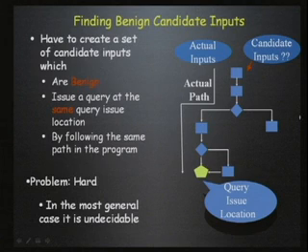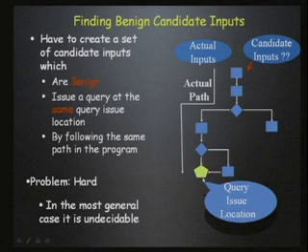So look at this application to the right. It gives the flow graph of a particular application. You have actual inputs, and the actual inputs take the program to a particular query issue location. Let's say this yellow location is a program point which issues a query to the database. So we want to find candidate inputs that will take the application through the same path and issue a query.